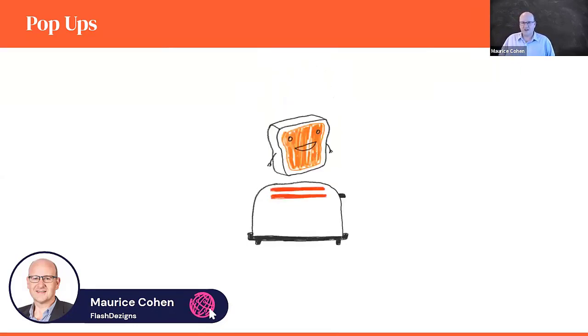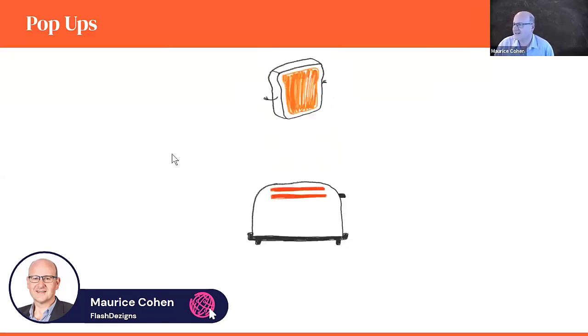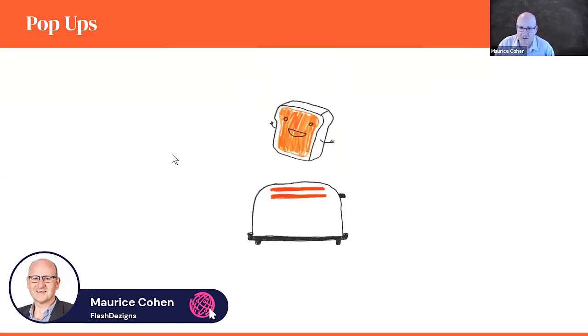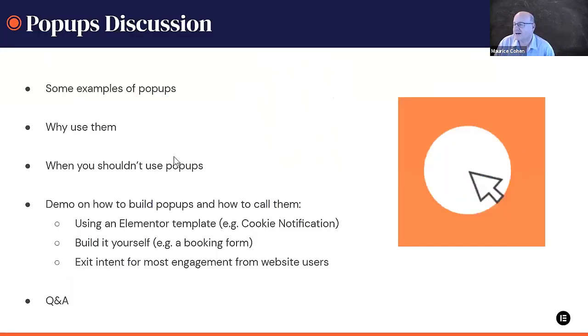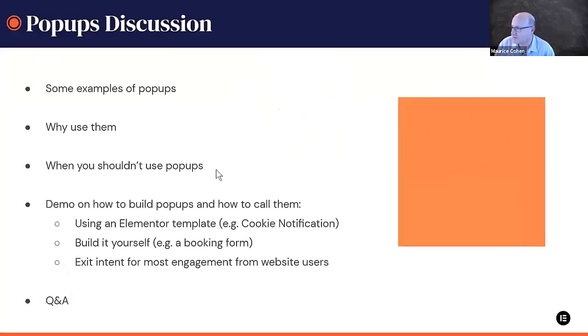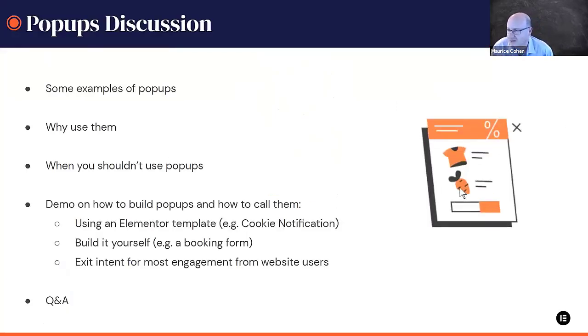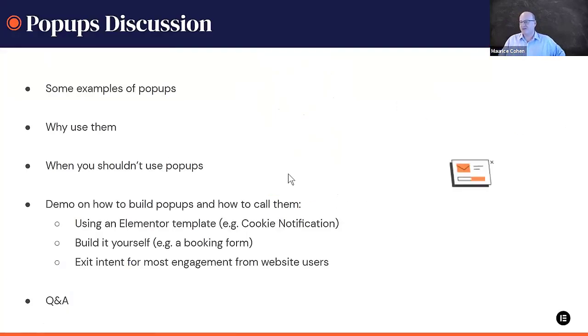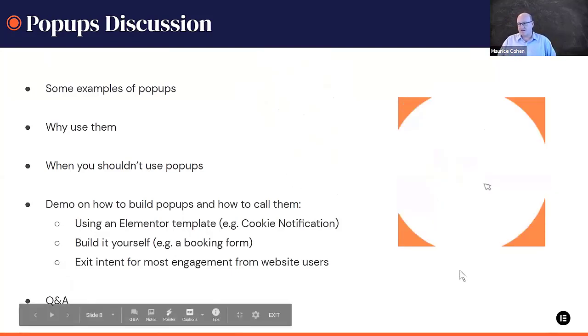Yeah, hopefully I can teach you something, because lots of people have said they're looking forward. So I'll go through some examples of pop-ups. Obviously, we're not talking about that pop-up, but those annoying ones over there on the side. Just a little bit on why we should use them and when we shouldn't.